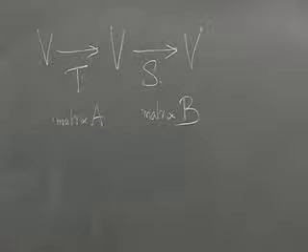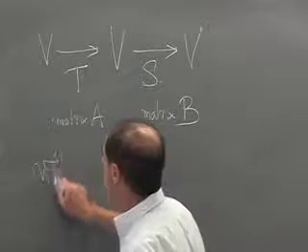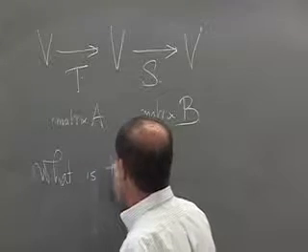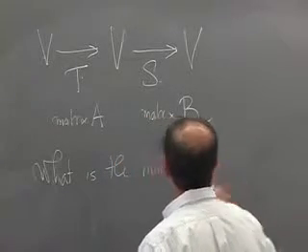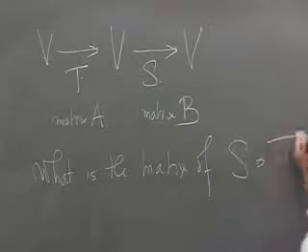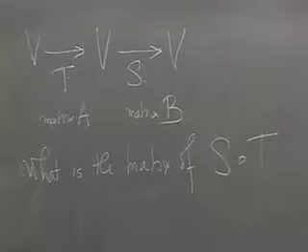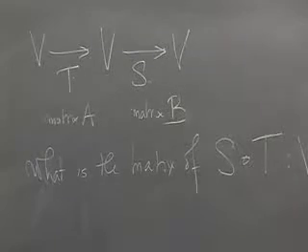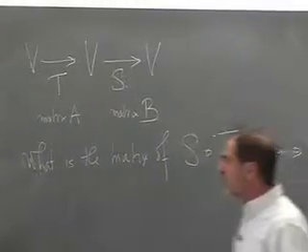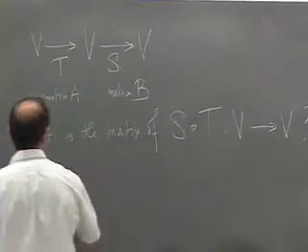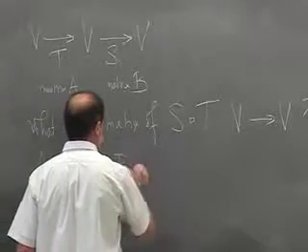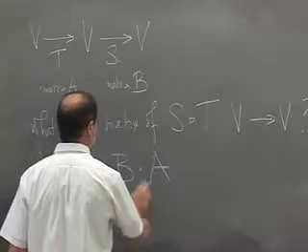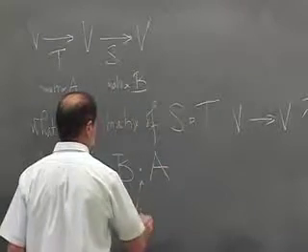And we want to know what is the matrix of S composed with T, which is a new transformation from V to V. The answer is, when you blow it all out and you calculate with coordinates, etc., it is B times A, where this is matrix multiplication.